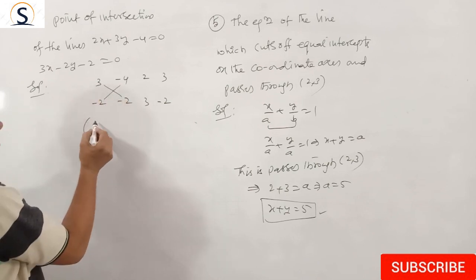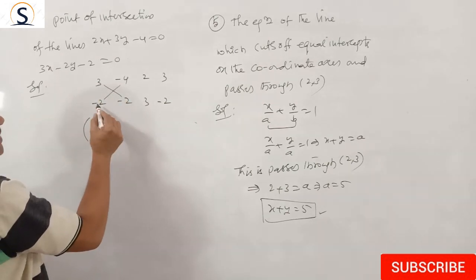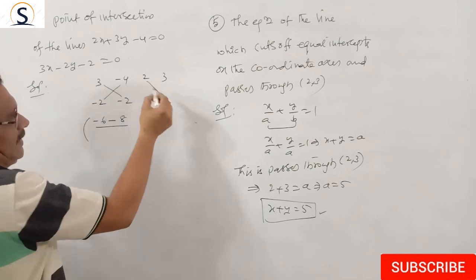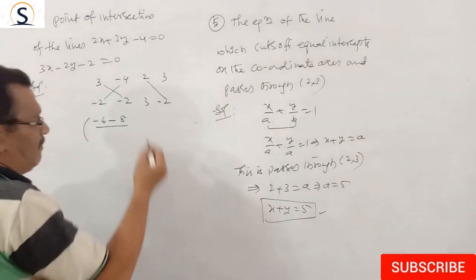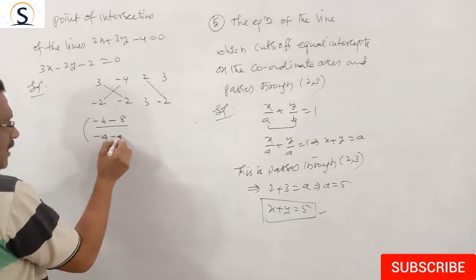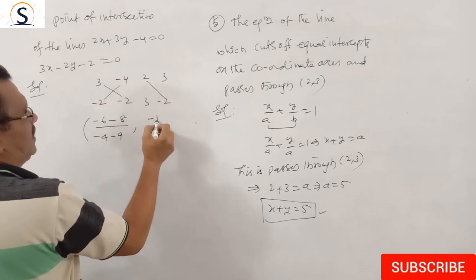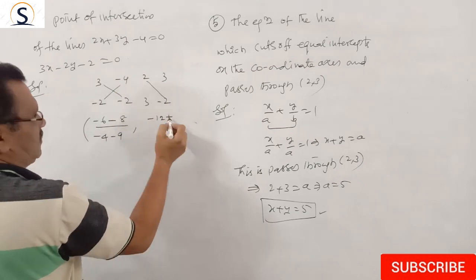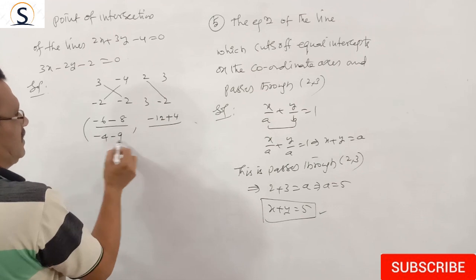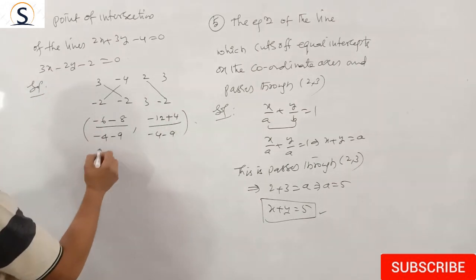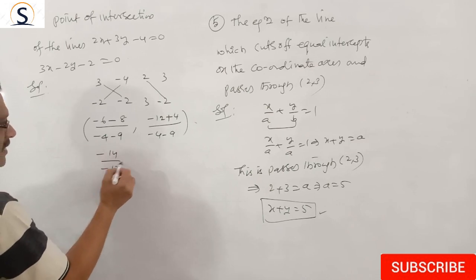3 into minus 2 minus 6, minus into minus plus only, 2 4s are 8, divided by, take the last 2 by 2 determinant, minus 4 minus 9. Next take this minus 12, minus of minus becomes a plus, 2 4s are 8, by the same denominator minus 4 minus 9. This is minus 14 by minus 13.